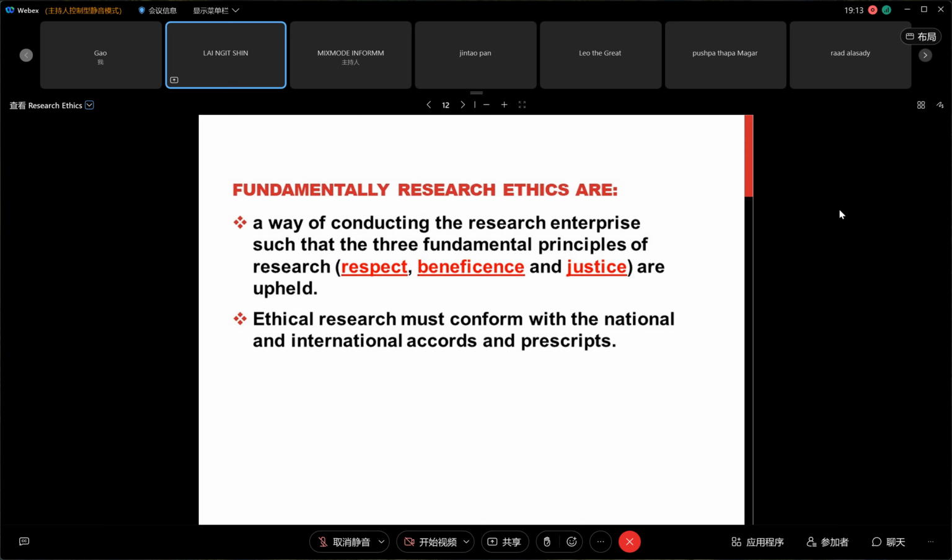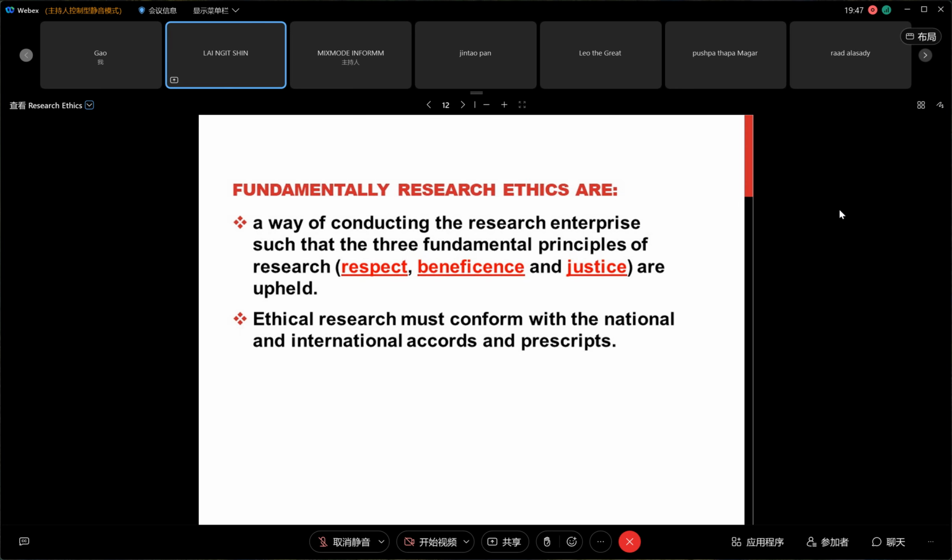That's why in the second slide I showed the USM research ethics and the Malaysian National Research Ethics, which I will upload to the portal so you can read it. Especially for USM students, you need to read the USM ethics for research, but unfortunately it is only in Malay. I still cannot find the English version. If you cannot find the USM one, you can read the Malaysian National Research Code of Conduct.